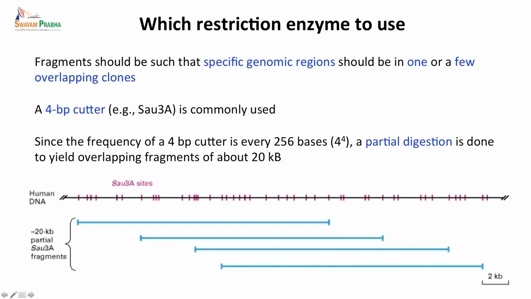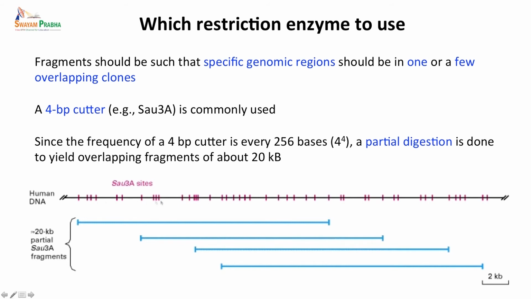For example, if you want to generate about 20 kb fragments, then you have to set up the digestion reaction and standardize how much SAW3A and how much time is required to digest a particular genome into about 20 kb fragments. You can check this on the agarose gel.